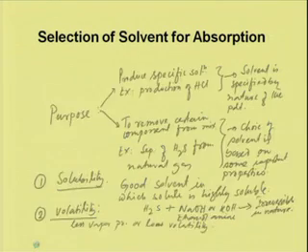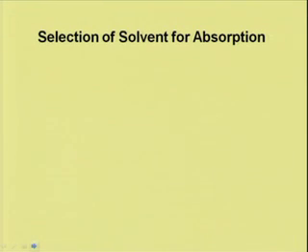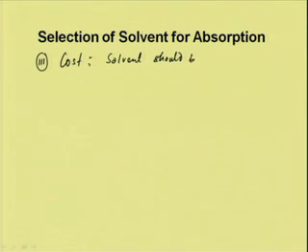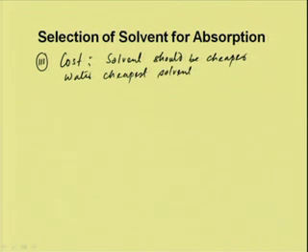Another important property is the cost. The solvent should be cheaper. For example, water is the cheapest solvent, but depending on the application, other properties of the solvent also have to be considered.